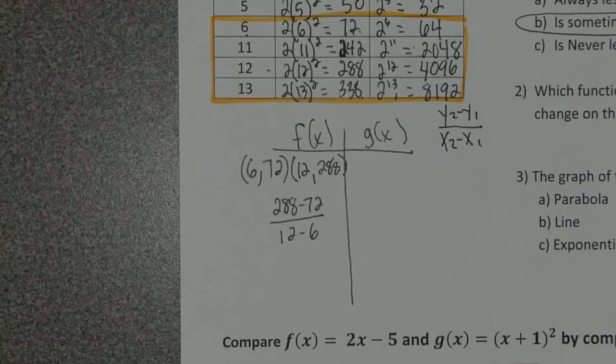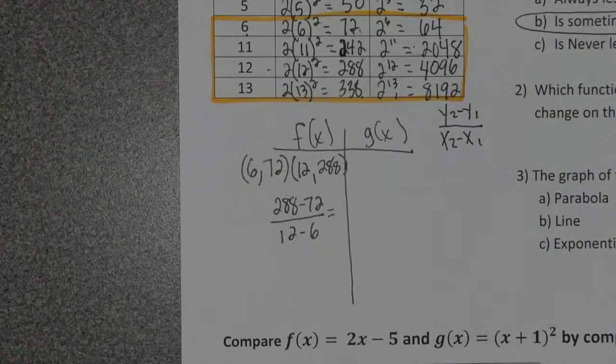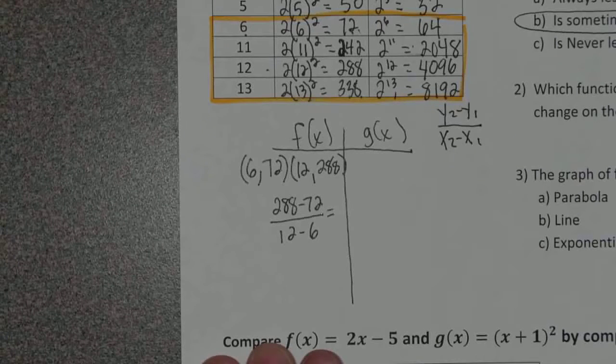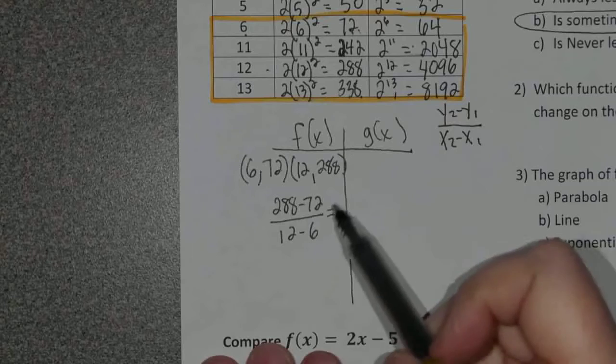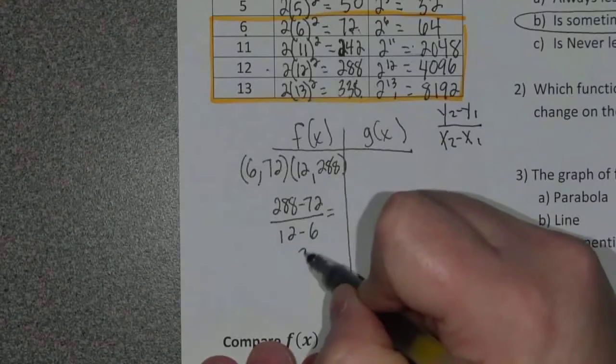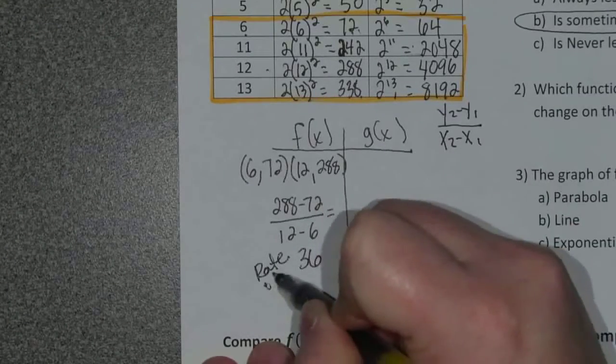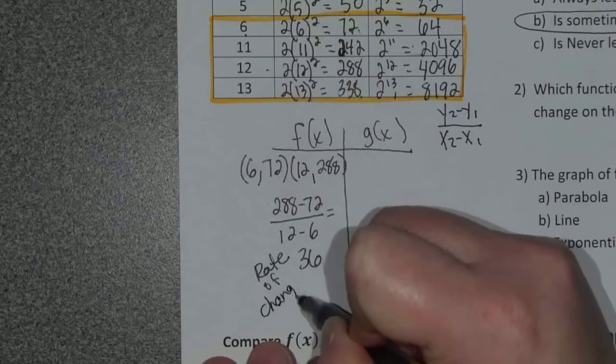So do that for me and tell me what you got. Yeah, it is 36. So my rate of change on the f function is 36.